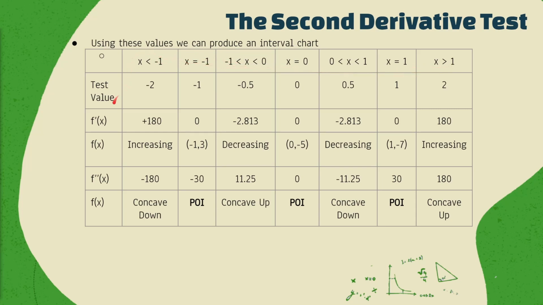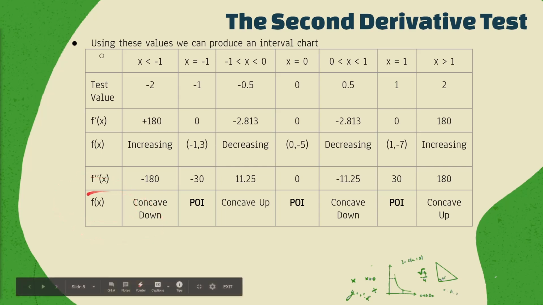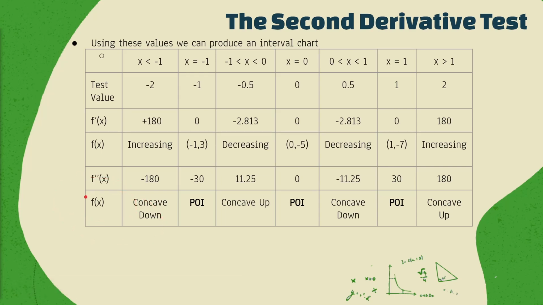I've made a row for the test values, f prime of x, f double prime of x, and of course f of x also. I've split this up into two different categories of f of x so that we could look at what the first derivative means to it, and what the second derivative means to the prime function. Or by prime, I mean the original function.